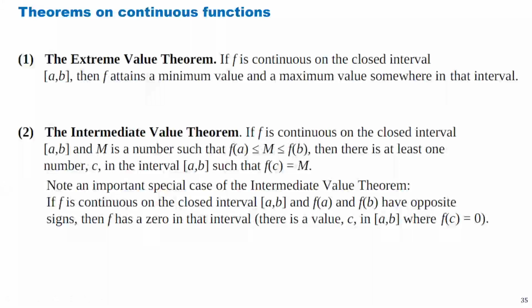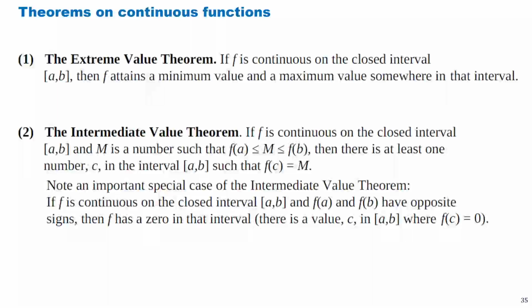Okay, number 2, the intermediate value theorem. If f is continuous on a closed interval [a, b], and m is a number such that m is somewhere between f(a) and f(b), or m is greater than or equal to f(a) and less than or equal to f(b), then there is at least one number c in the interval [a, b] such that f(c) equals m.